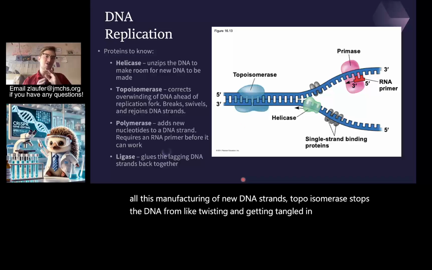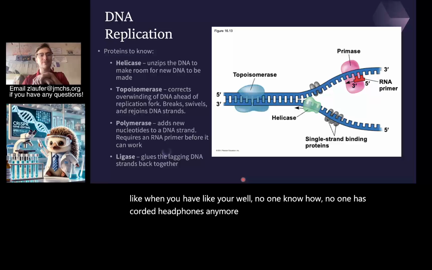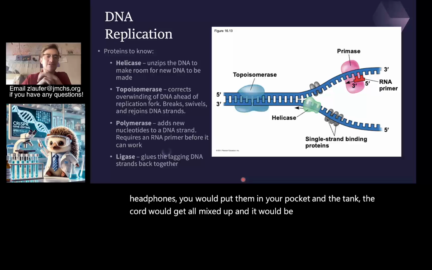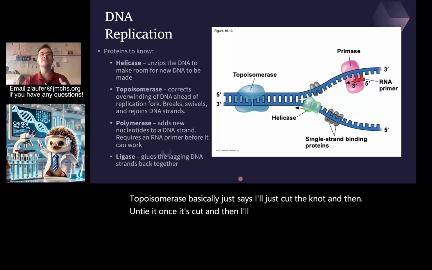Kind of like when you used to have corded headphones, you would put them in your pocket and the cord would get all mixed up, and it would be a pain to untangle it. Topoisomerase basically just says, I'll just cut the knot and then untie it once it's cut, and then I'll join them back together. So it just relieves what's called supercoiling, relieves tension.